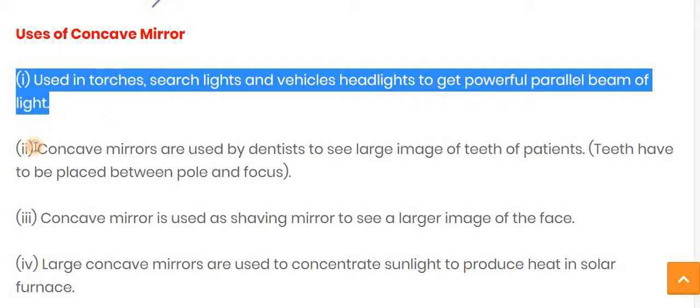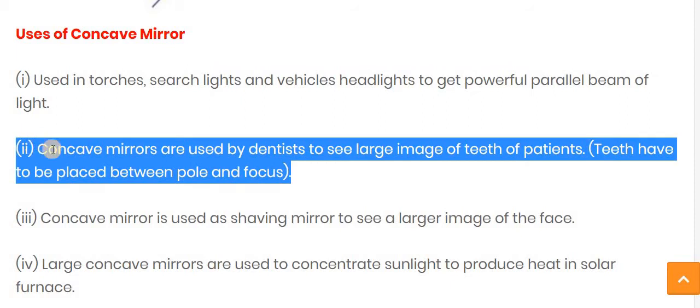The second one is that concave mirrors are used by the dentist to see a larger image of the teeth of the patient. In this case, the object, the teeth, has to be placed between the pole and the focus.